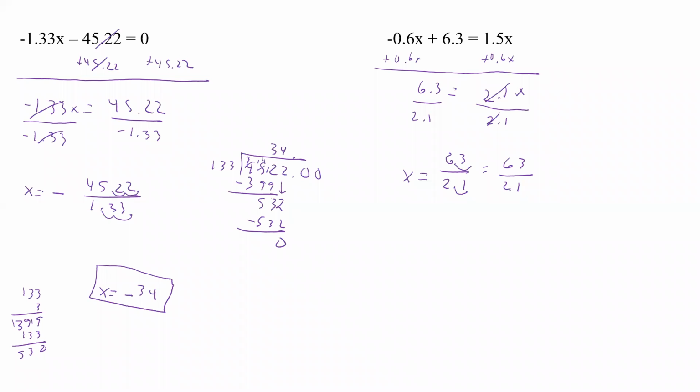Now, if I think about 21, if I multiply that by 3, that's going to give me 63. So 21 goes in here once, goes in here 3 times, and so my x equals 3 is going to be my solution to this problem. Okay, so it's another one of those, works out nicely. And again, I'm going to leave the check to the student for this problem.